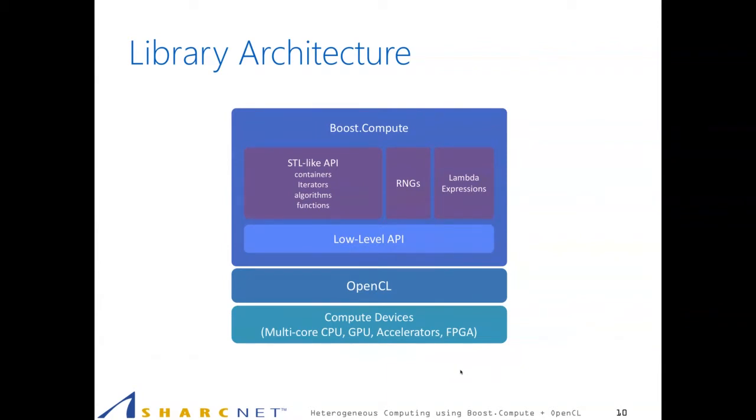One is the low-level API, and the other is the high-level API, which has the STL-like API, with containers, iterators, algorithms, functions, and also C++11-like random number generators and lambda expressions. But these lambda expressions are not the same as C++11 lambdas. The syntax is different.